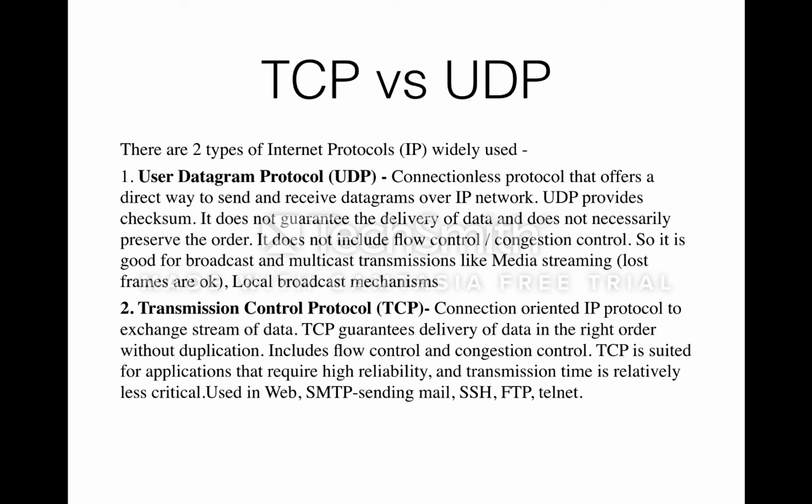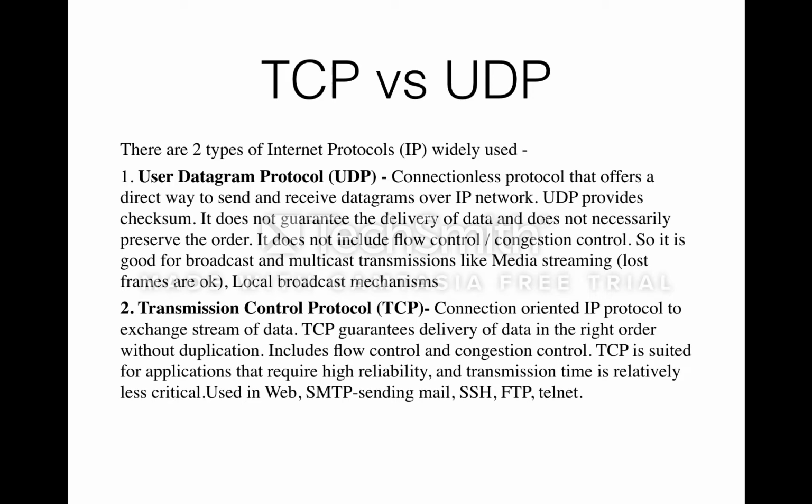So using UDP, a program can send a load of packets to another, and that would be the end of the relationship. UDP does provide checksum so that the data integrity is maintained. However, it does not send any acknowledgements, and it does not have any error control, flow control or congestion control.